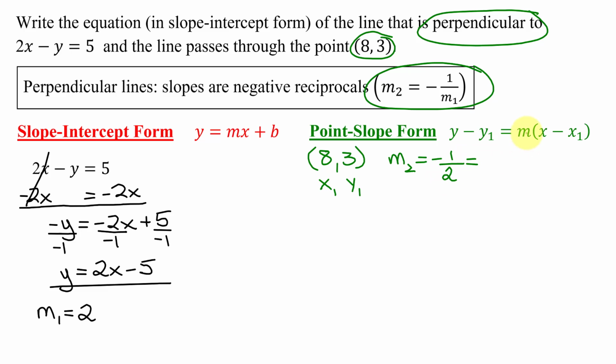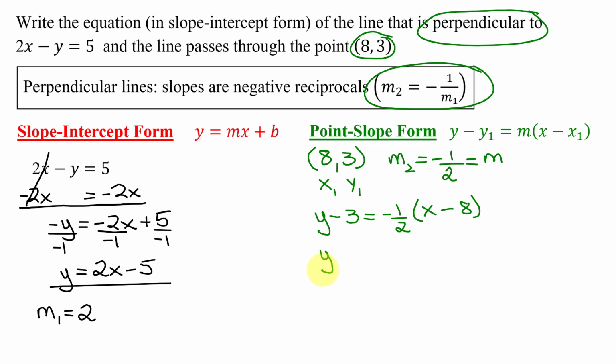So m in this equation is going to be negative 1/2. So plugging these three values into my equation, I get y minus y sub 1, which is 3, equals m, which is negative 1/2, times x minus x sub 1, x minus 8.